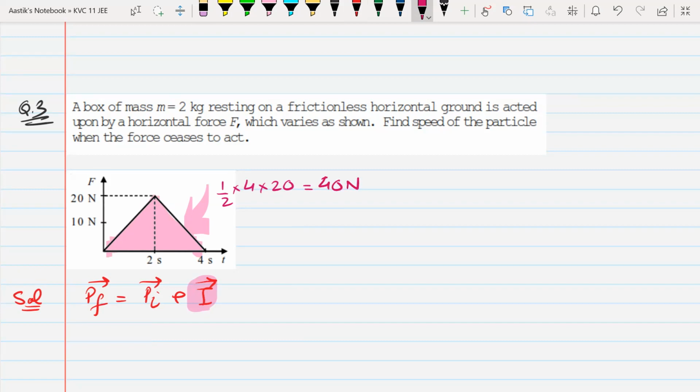That becomes 40 Newton second. I just put the values here, and from there I can get the final velocity v as 20 meter per second. Yes or no? Anyone got this? Well done.